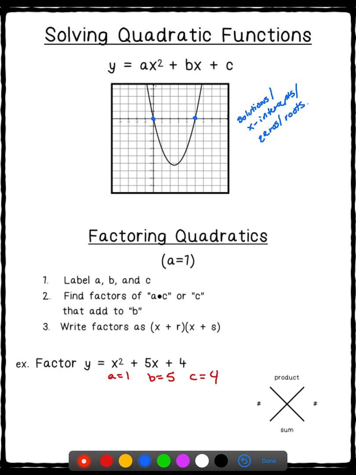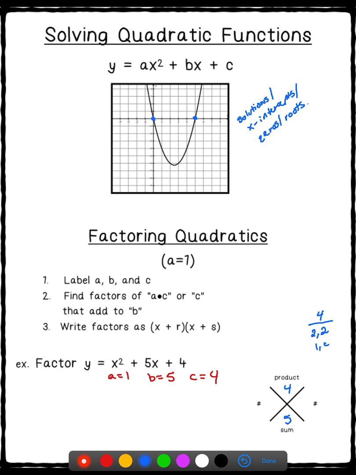Remembering that we're finding a product of our c, which is 4, and we're going to find a sum of 5. Well, how do we find factors of 4 that add to give us 5? We're looking for numbers that multiply to give us 4. So, for instance, 2 times 2. That gives us 4. Those are factors of 4.